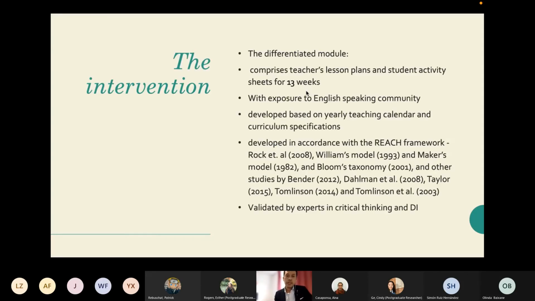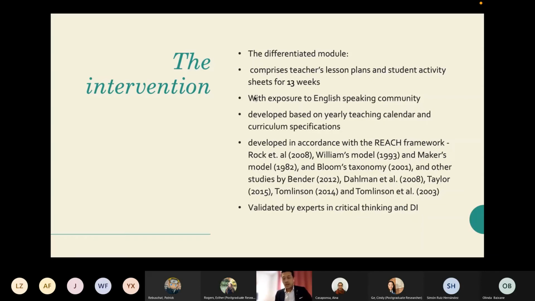Okay, before I explain the research procedures, let me briefly describe the intervention by specifically referring to the differentiated module. It comprises teachers' lesson plans and student activity sheets for 13 weeks.